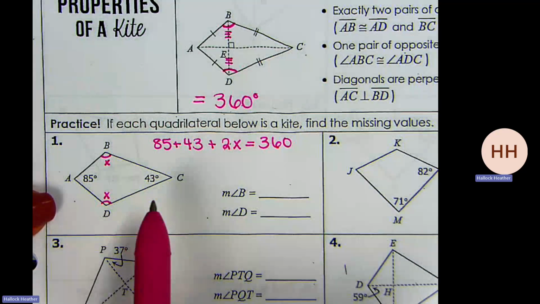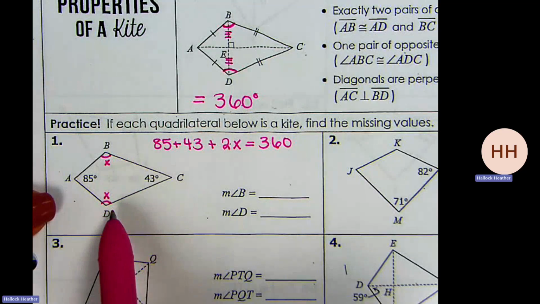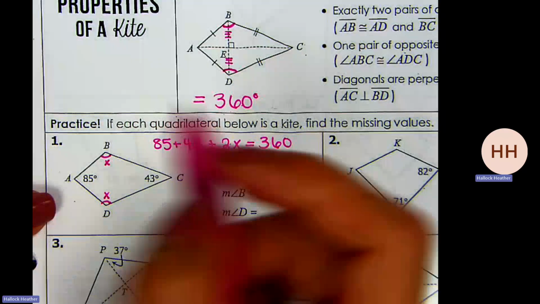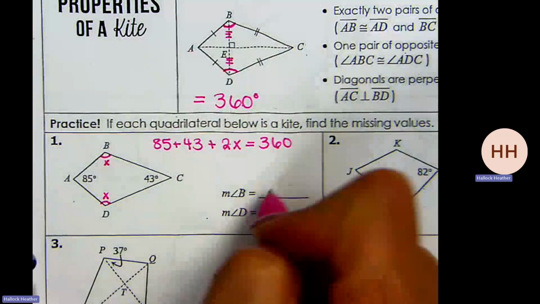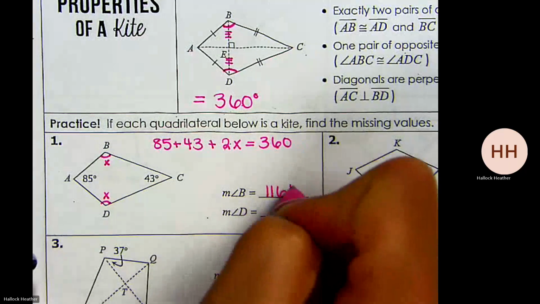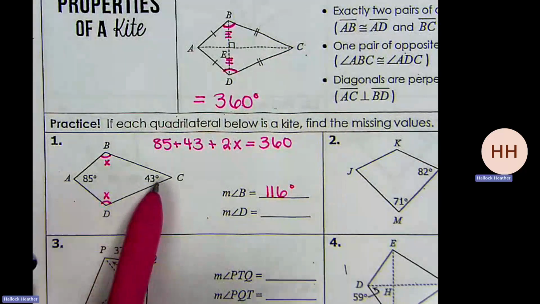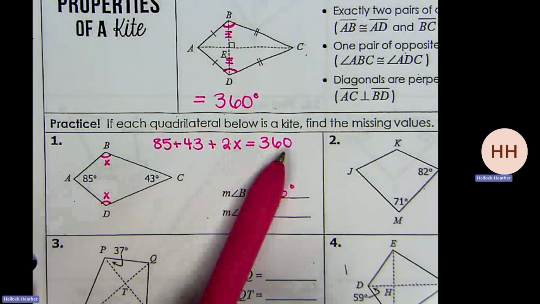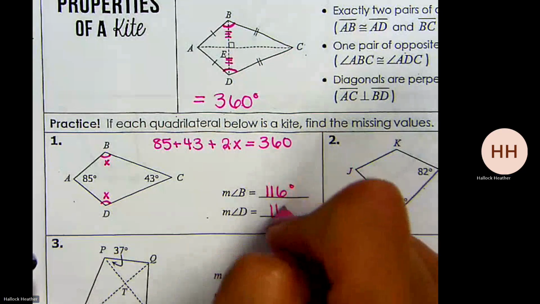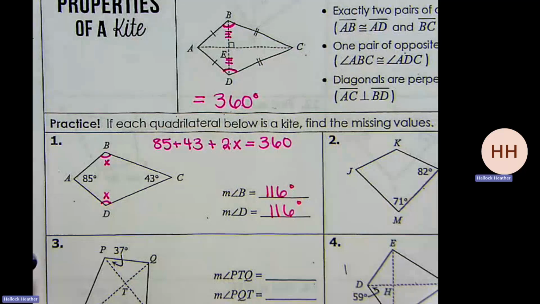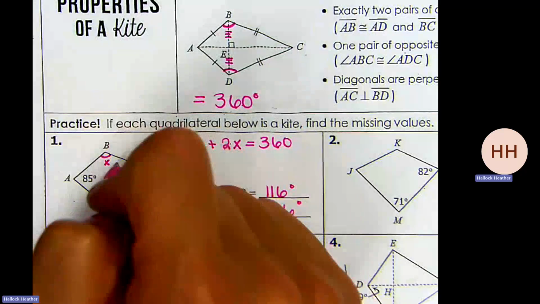So if I solve for X in this case, what would B and D have to be equal to? 116. 85 plus 43, subtracted from 360. They're both 116 because they are both congruent to each other.